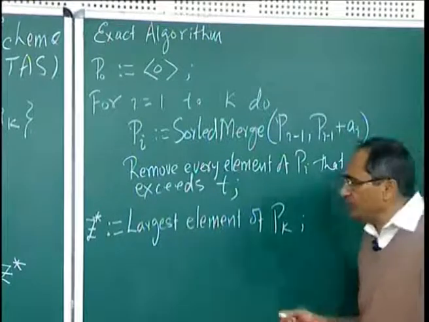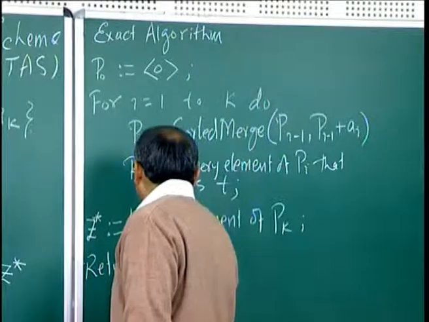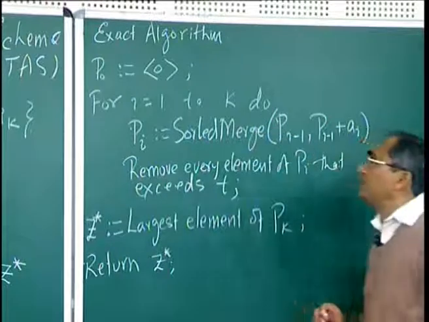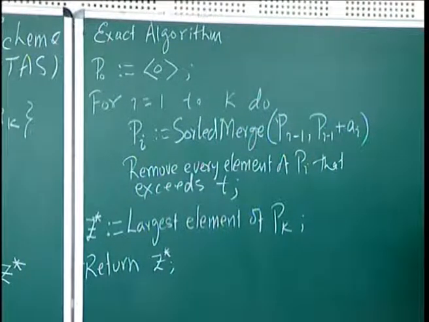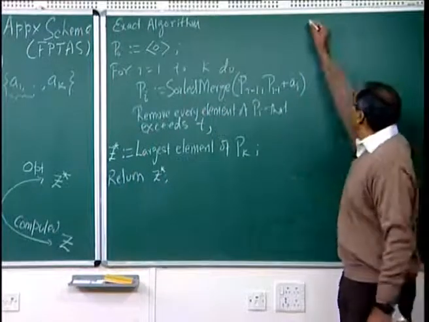So, it is fairly straightforward and returns Z star. So, this is a simple algorithm to exactly compute the answer to the problem.